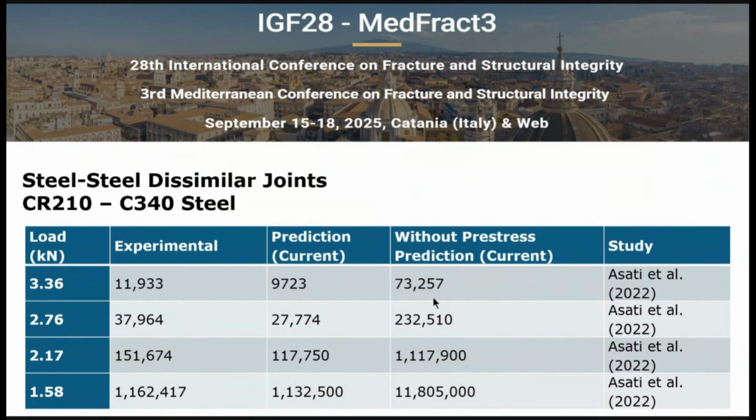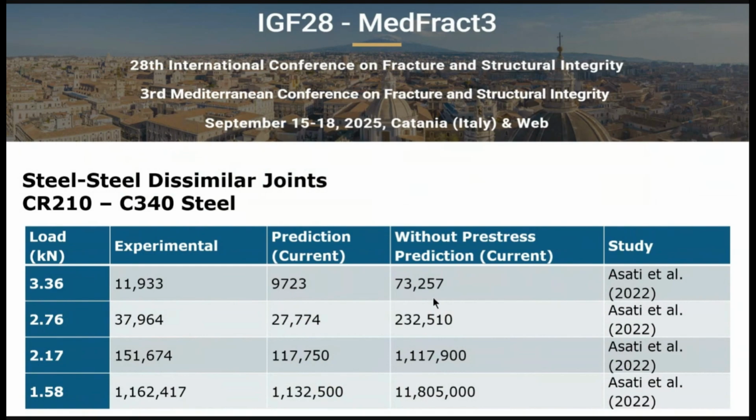That's it. Next, steel to steel but dissimilar joints. There are two different types of steels, CR210 and C340 steel. Again the prediction is much more accurate with the press stress algorithm, and it is very conservative.